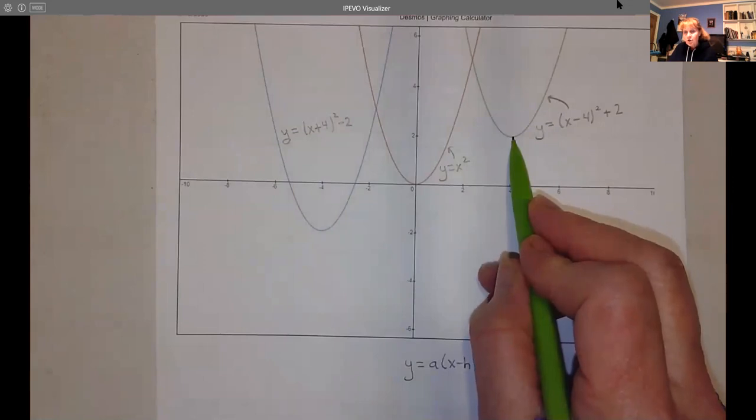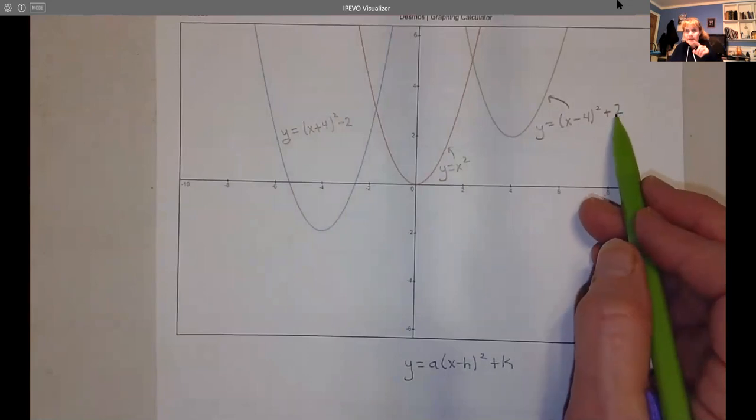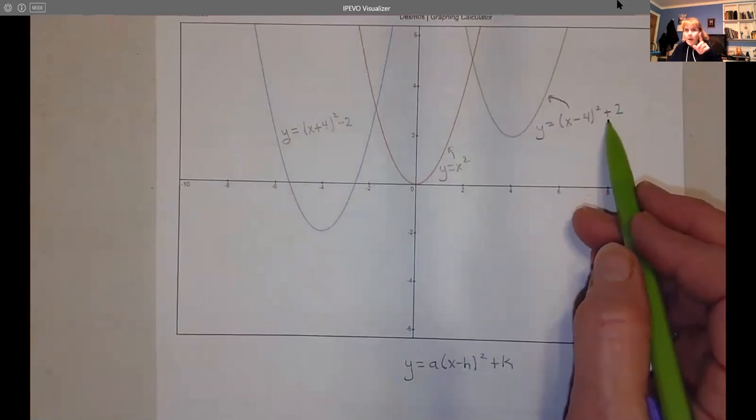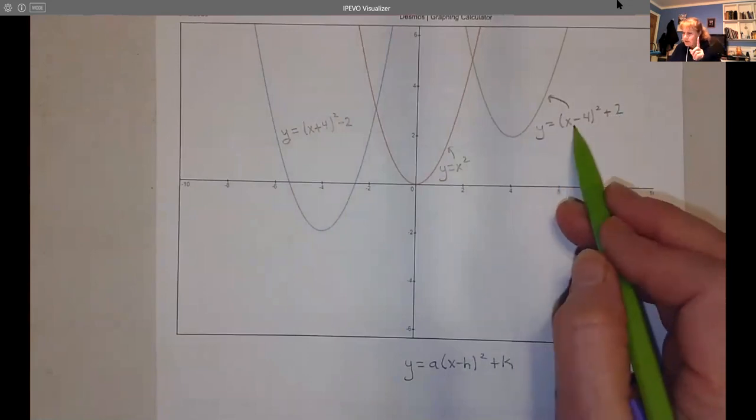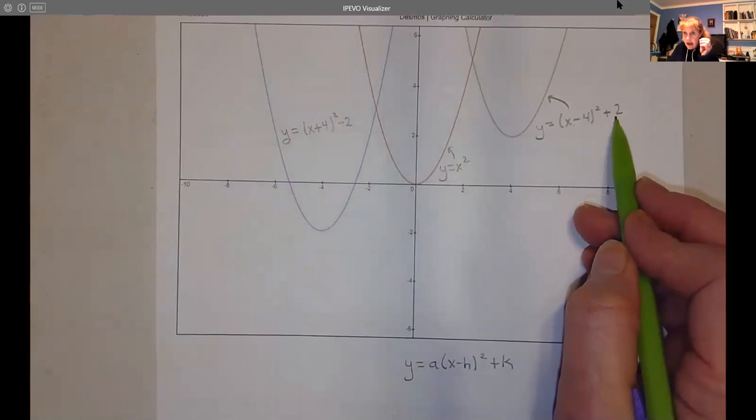So what that number out there does is it's a shift, but it's an up or down shift. It's not opposite like this one. This one went to the right 4 and up 2. My vertex is now very different than what it was before.